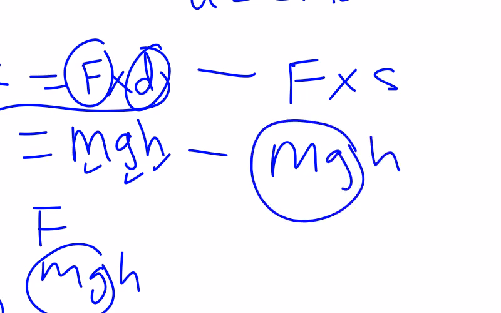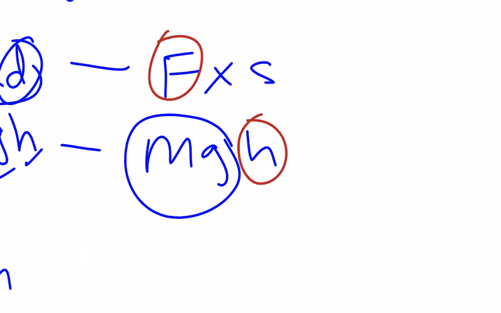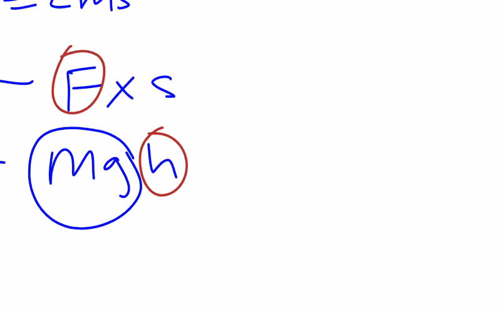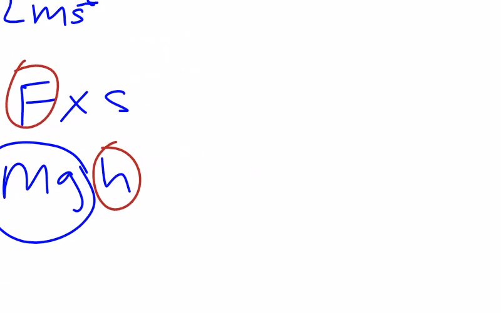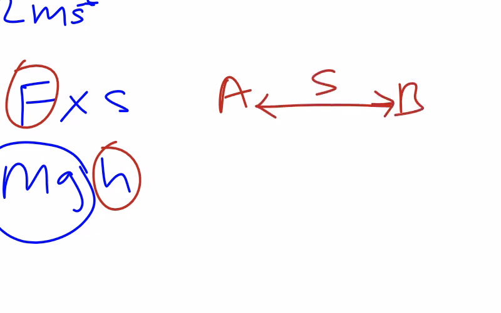So this is the force, and we have h here as a distance, but here the distance is in the vertical direction. For example, from point A to point B, we will use distance, so we have s here.